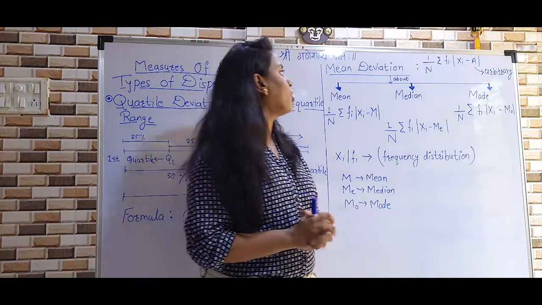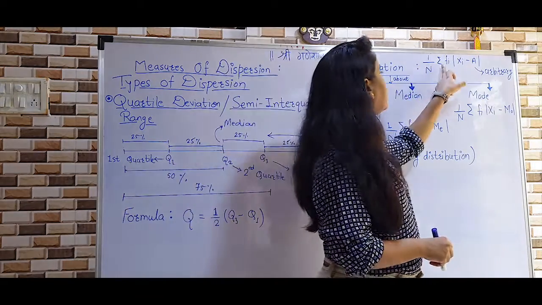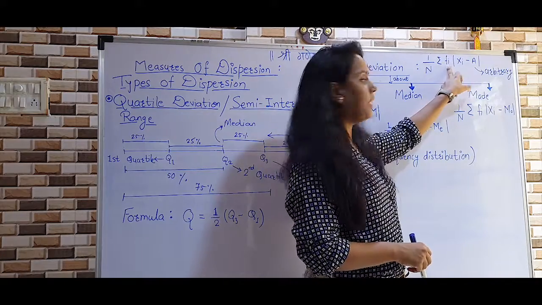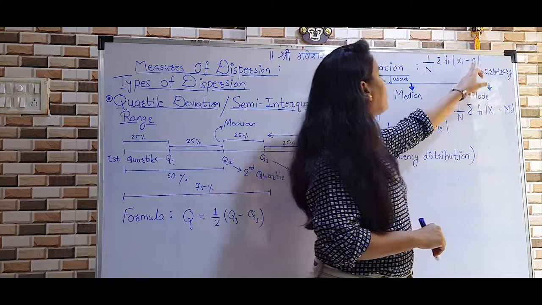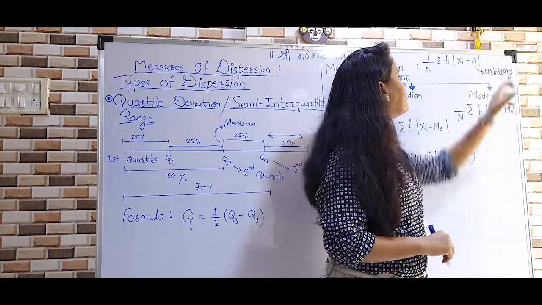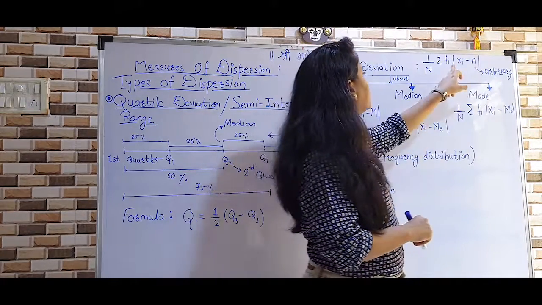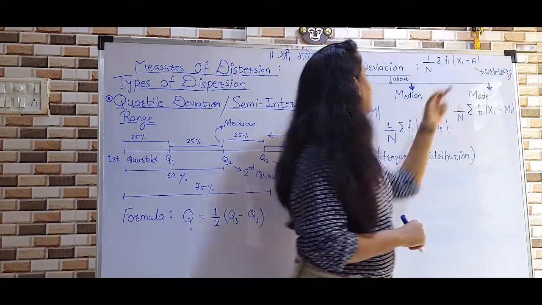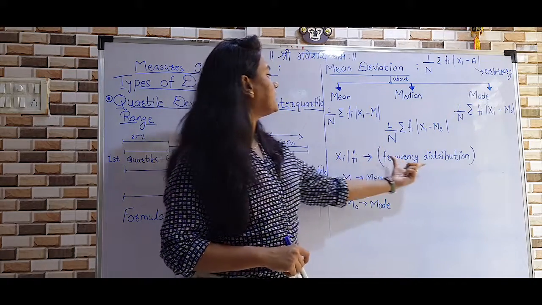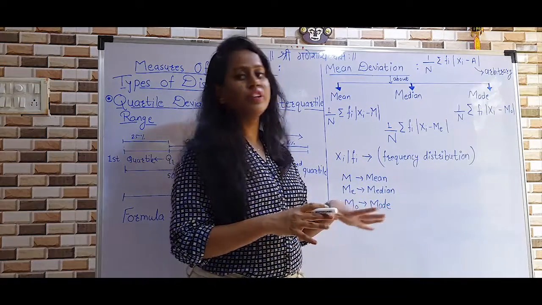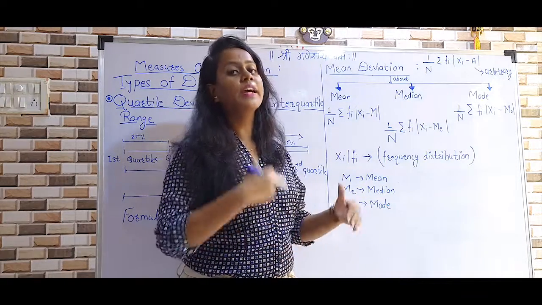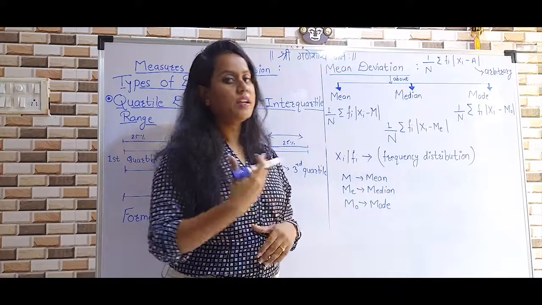The formula is 1/n summation of fi times modulus of (xi minus A). Here, first of all, what is A? A is our arbitrary number. And fi is nothing but the frequency distribution given with xi. In this video we are just discussing the concepts; calculations we will see in the next video.